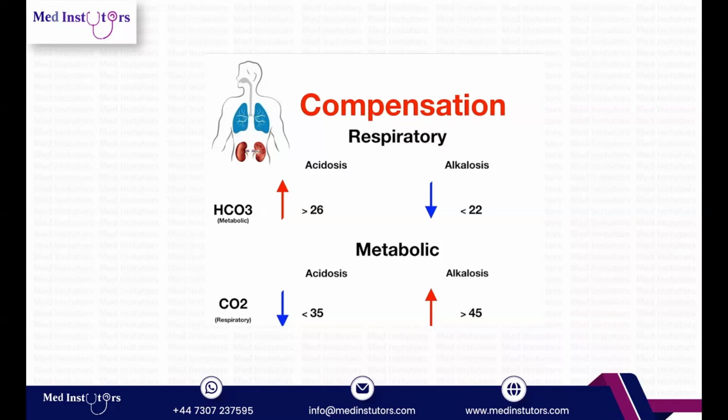If that is more than 26, that means there is metabolic compensation going on. But when you look at the pH, if it is near the normal value or is being brought back to normal, that means it is complete compensation. But if it is not close to the normal value, that means it is partial compensation, although the kidneys are trying their best.